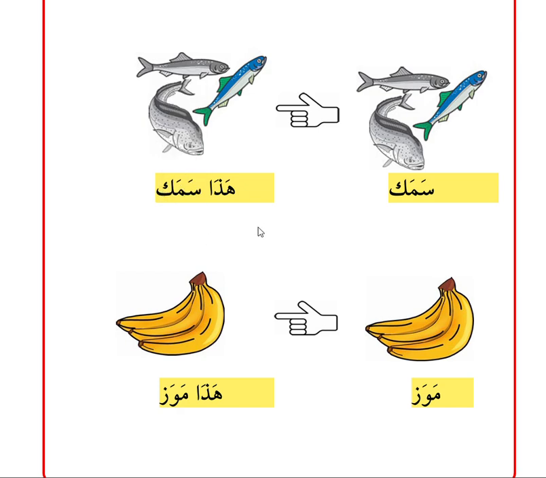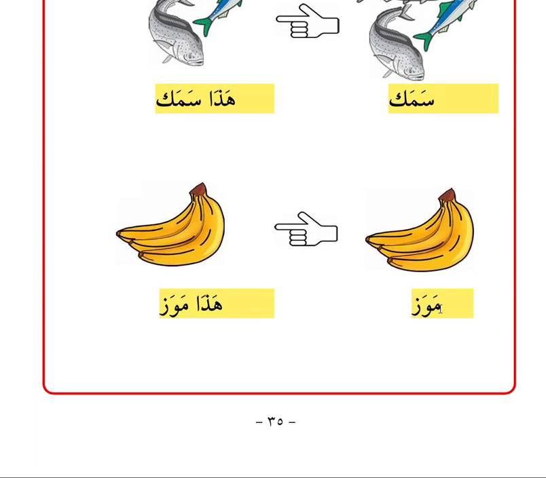So it is plural in meaning, but it is singular in grammar. That's why we use hadha, all right? Hadha is used for masculine and singular words. And mouz, here there is a mistake, an error. Mouz is not mawaz. Hadha mouz. These are bananas. Again, collective noun.